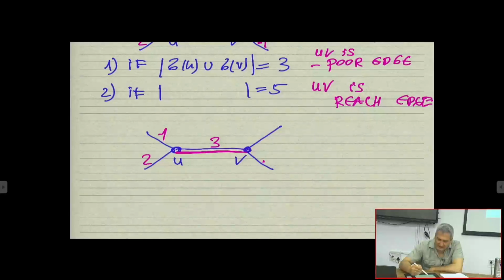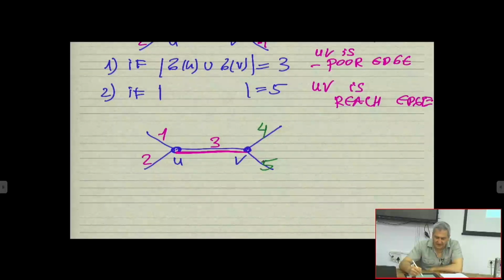So if UV is rich, what should we have here? 4 and 5. Let's say 4 and 5.